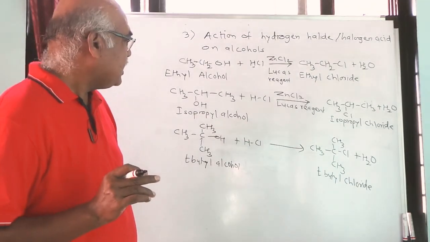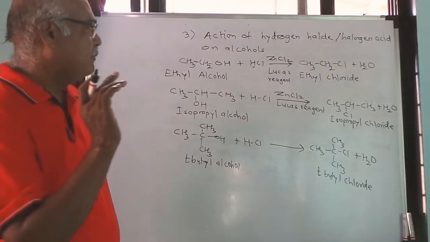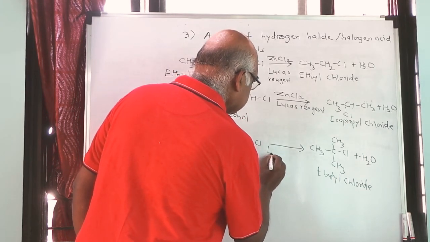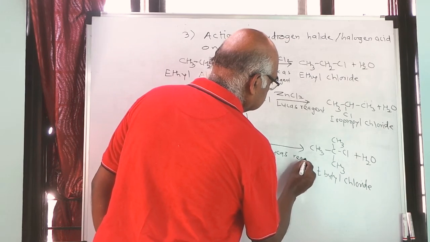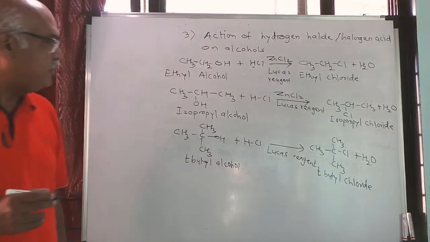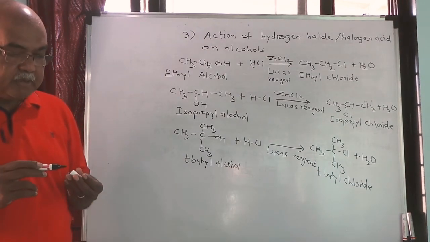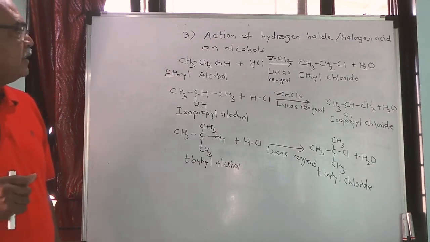So for tertiary alcohol, ZnCl2 is not required. Though this is Lucas reagent, for tertiary alcohol we do not require ZnCl2. That means the reaction takes place even without ZnCl2.